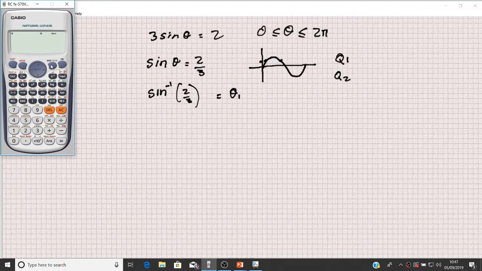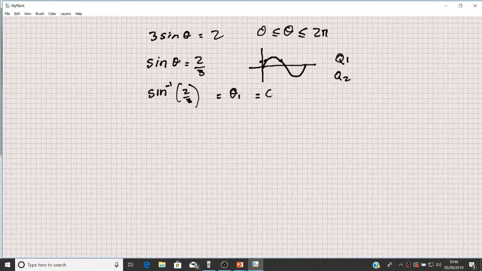So shift mode, radians is 4. And we're looking at sine inverse, shift sine 2 over 3. And that gives us a measure in radians, and I'll round it to 0.73. So that's the measure in radians of theta 1.